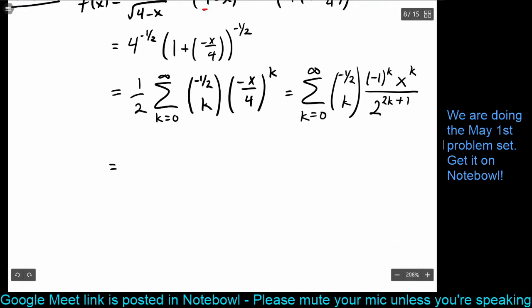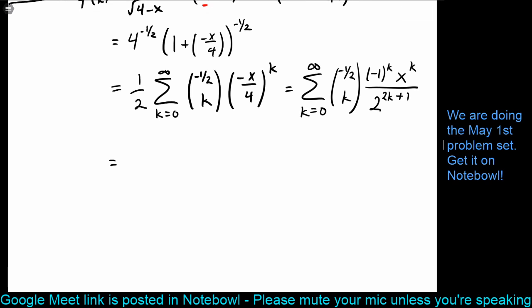Yeah, probably the best way to do it is to just write out some terms of the series. If we plug in k equals 0, remember this choose thing here, this coefficient's going to be 1. So you'll have 1 times x over 2. That's when k equals 0.